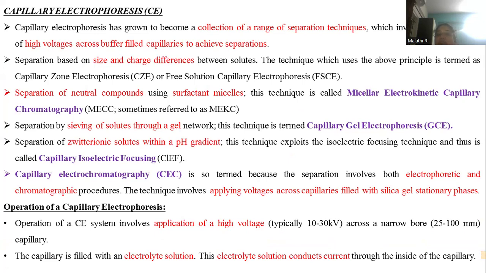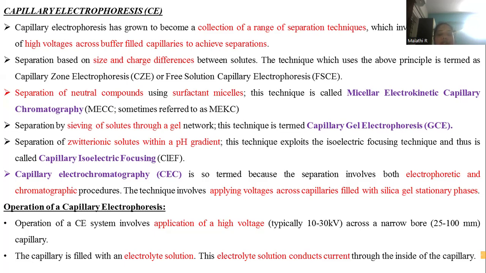The technique which uses the above principle is termed capillary zone electrophoresis or free solution capillary electrophoresis. The separation of neutral compounds using surfactant micelles is called micellar electrokinetic capillary chromatography. Separation by sieving of solutes through a gel network is termed capillary gel electrophoresis.